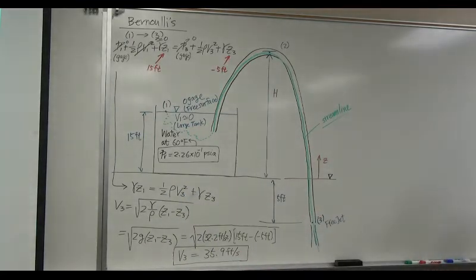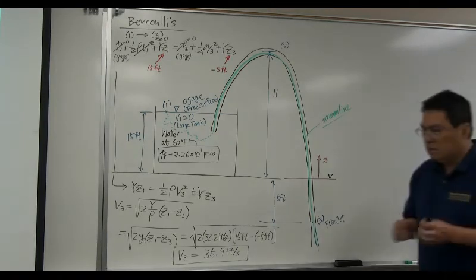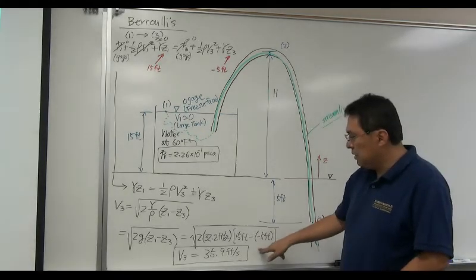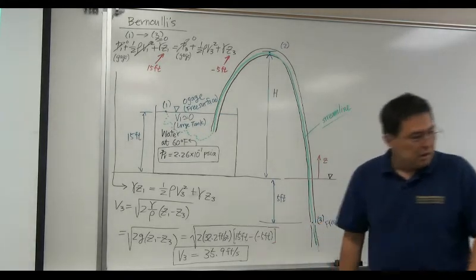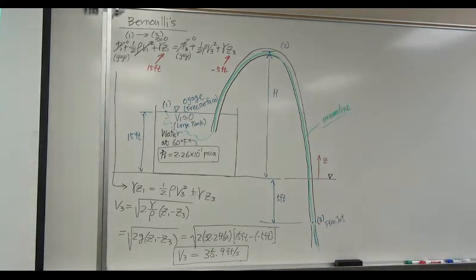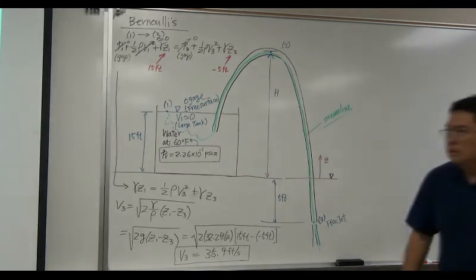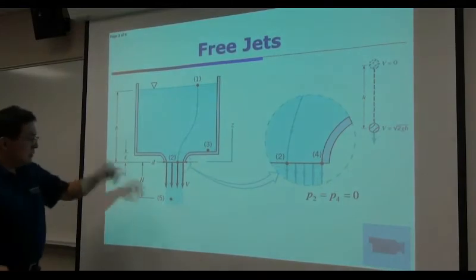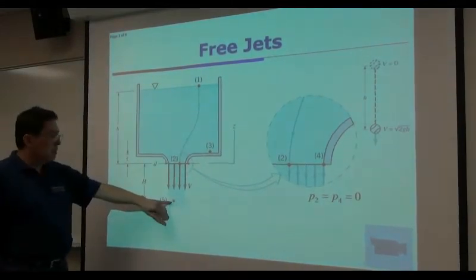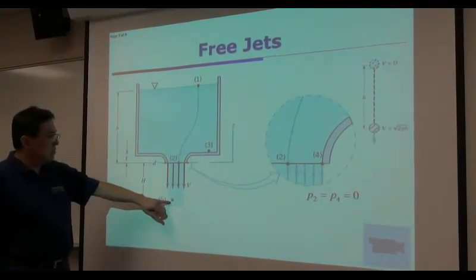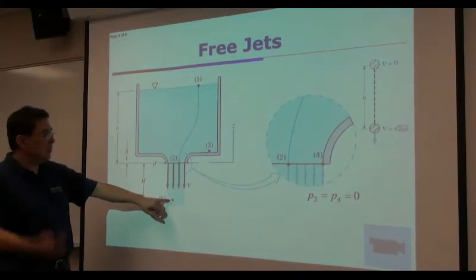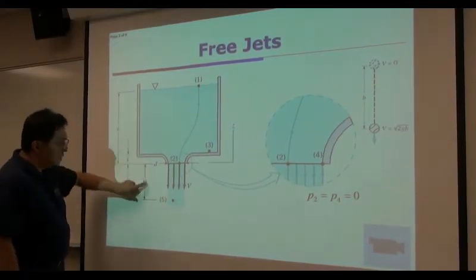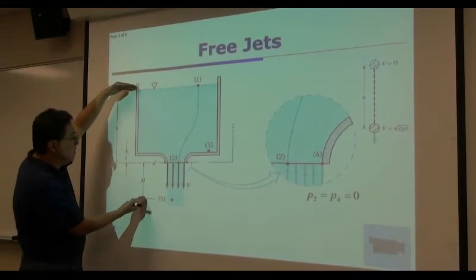Okay? Then I stop and think, wait a minute. I have a feeling that I've seen this equation also. Yes, let's take a look at page 2 again. So page 2, free-jet equation. What is the velocity right here? Velocity right here is the square root of 2 times g times this h plus this h, both added together.